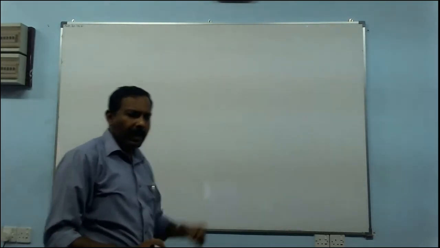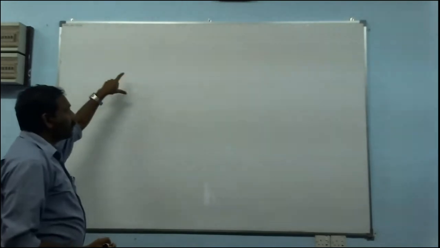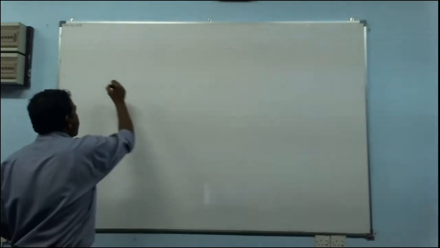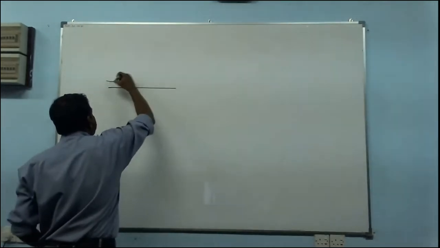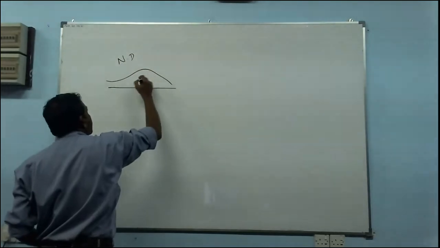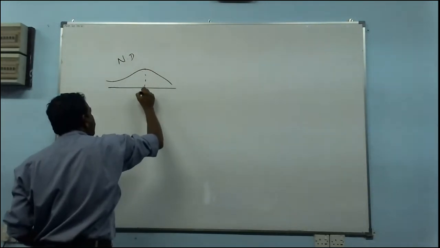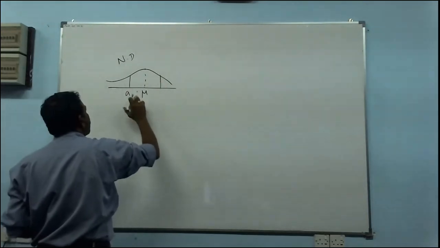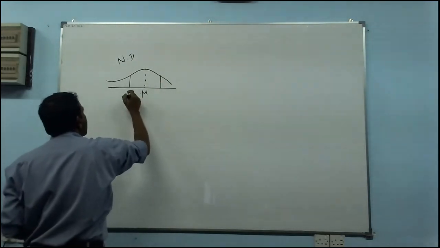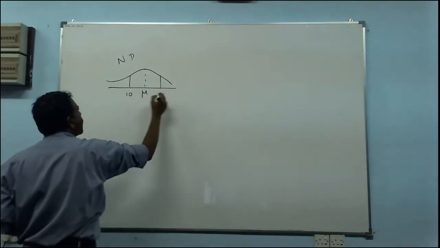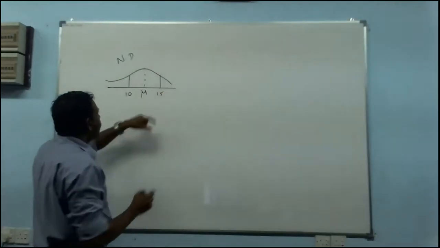Let's see the other aspects. Now, let's say this is a normal distribution. We have the mean value. Let's say I have a value between A and B, say 10 and 15 as an example.